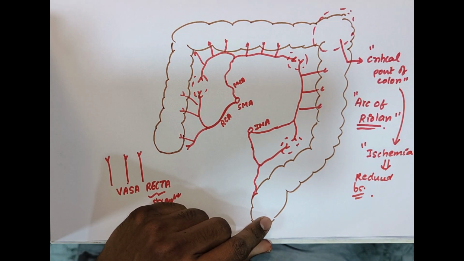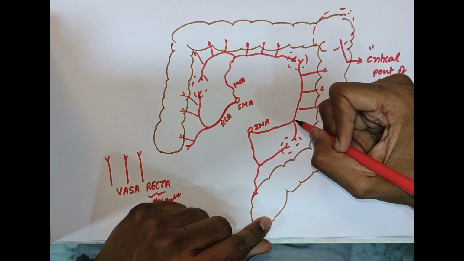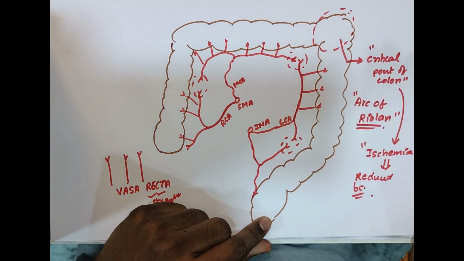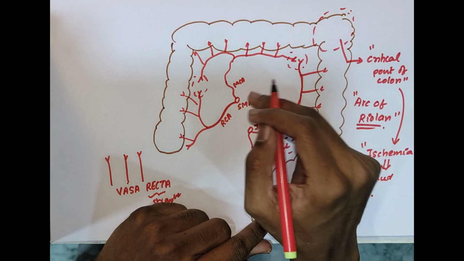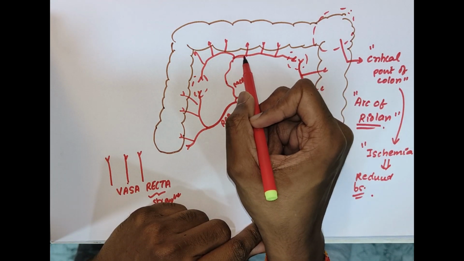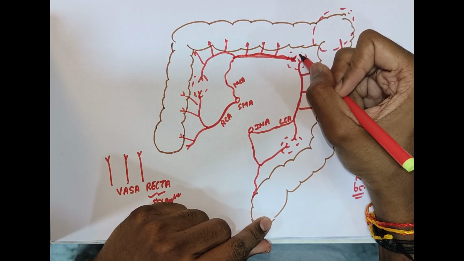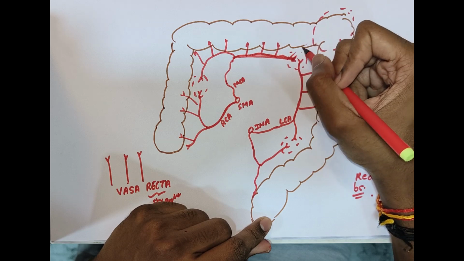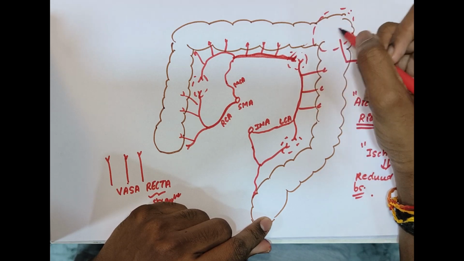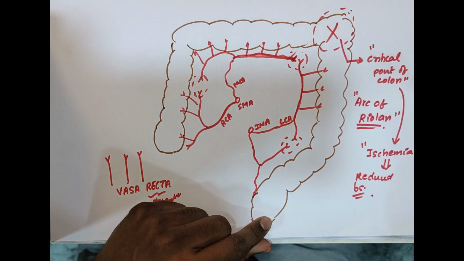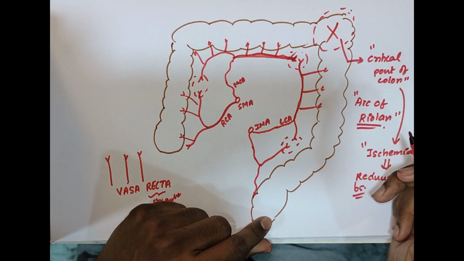Now, this happens because the ascending branch of the left colic artery often fails to anastomose with the left branch of the middle colic artery. And since no anastomosis takes place here, there will be no vasa recta arising here, and there will be no blood supply to the splenic flexure, and therefore the splenic flexure will undergo ischemia and will die, isn't it?